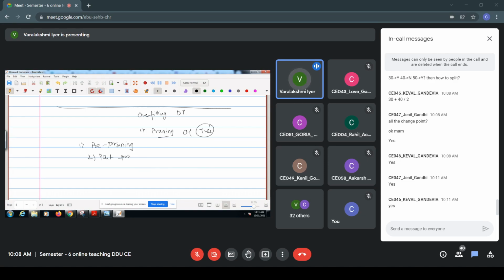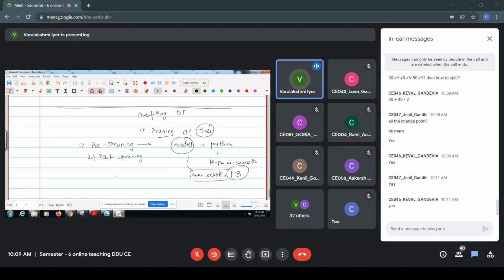In pre-pruning, for example, whenever you are creating a model with the decision tree classifier in Python, you will have certain hyperparameters which you set. In pre-pruning, we assign the max depth of the tree, so we will not allow the data to overfit the model. For example, I'm setting the max depth of the tree as 3.